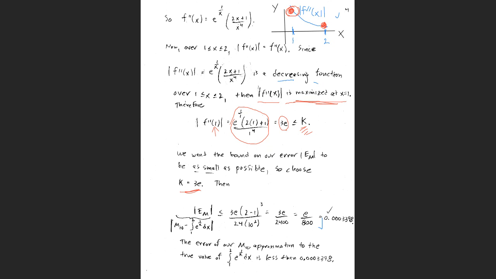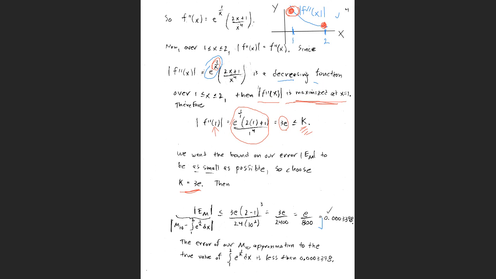Yes, Susanna. Sorry, can you explain again how you knew it was a decreasing function? Well, the way you can think about it is e to the 1 over x power is going to be decreasing with x.